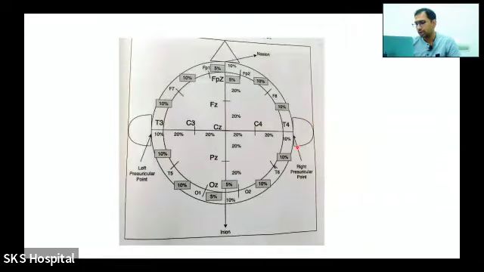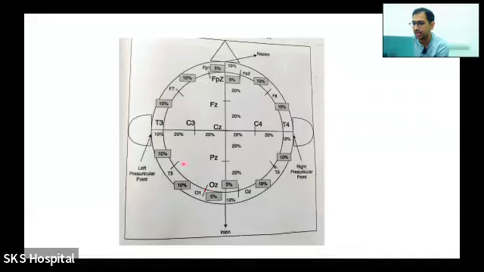So then comes this. Don't get scared away because it becomes a little complicated here. So here now we will measure from the point of OZ through T3 to FPZ to T4, which becomes the circumference of the head. So half of it would be on this side and half of it would be on this side. So though it is a 10-20 system, just because it has become half now, it has become 5% here and 5% on either side of midline.